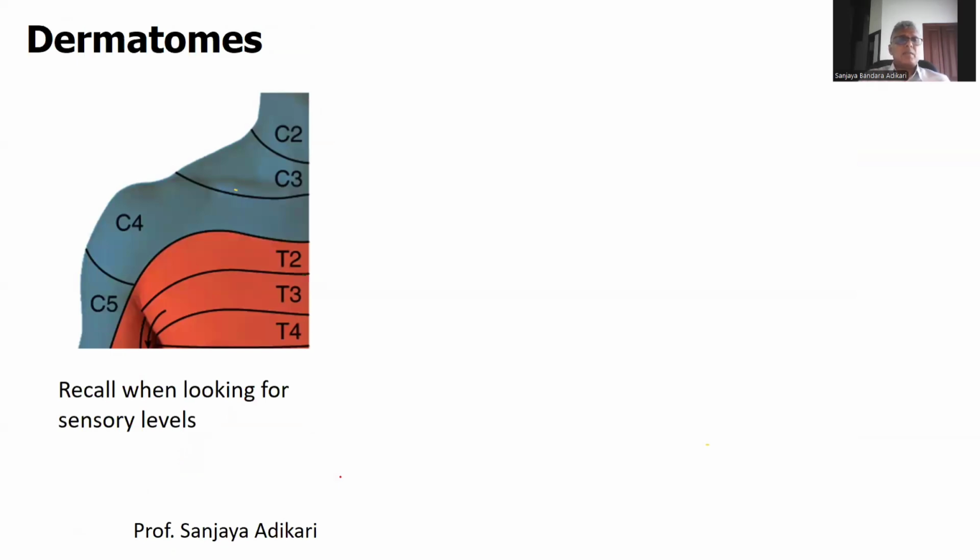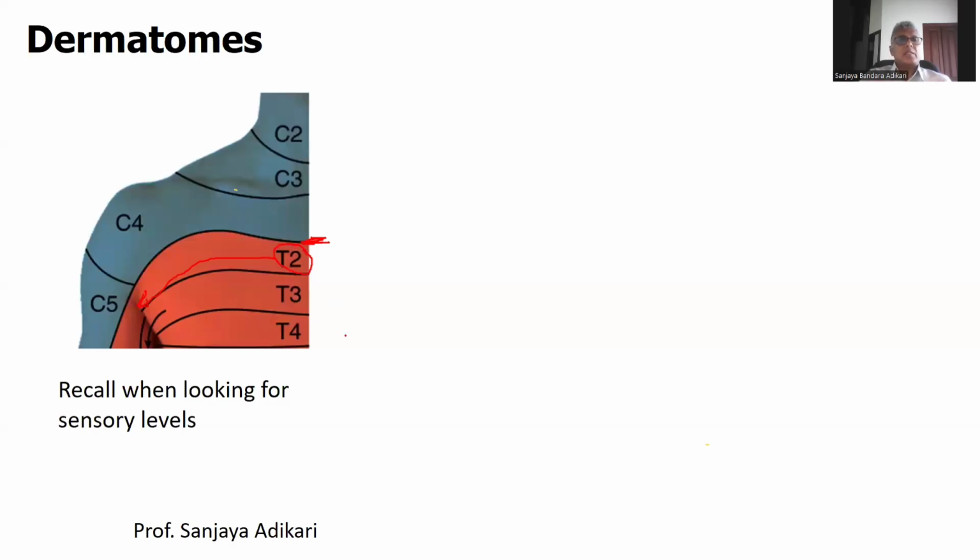Then this point I mentioned in a previous slide about the dermatomes. If you look at the chest, this is the sternal angle of Louis, and below this it's T2 intercostal nerve. It's the intercostobrachial nerve because it supplies the skin of the axilla.